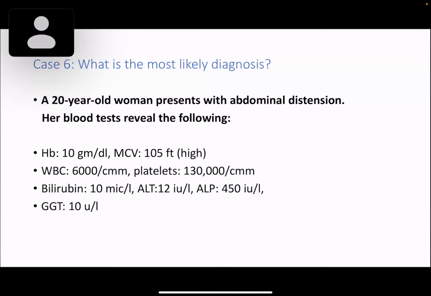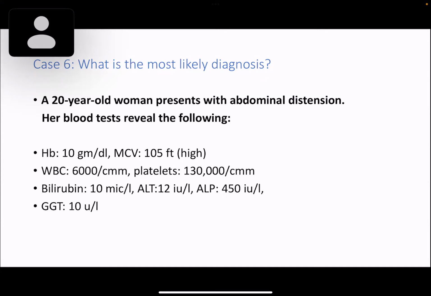White blood cells are within normal, while platelets are mildly reduced. She has a mild thrombocytopenia. Her total bilirubin is normal. ALT also normal, but alkaline phosphatase is high, 450 international units per liter. GGT normal.